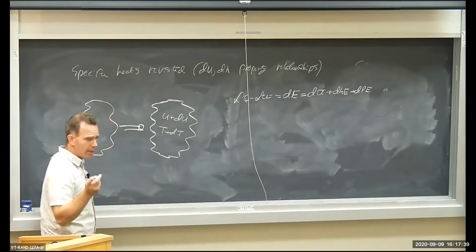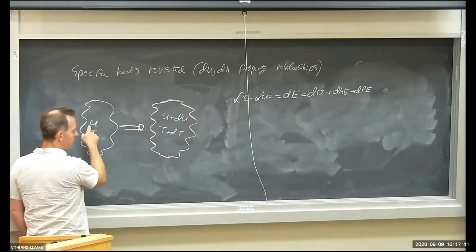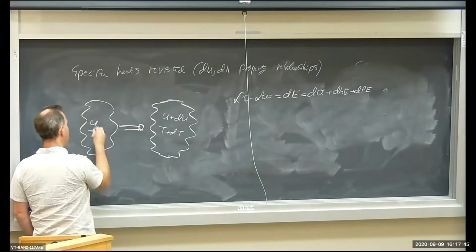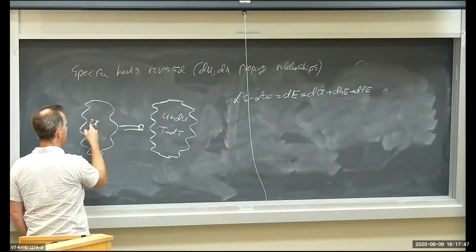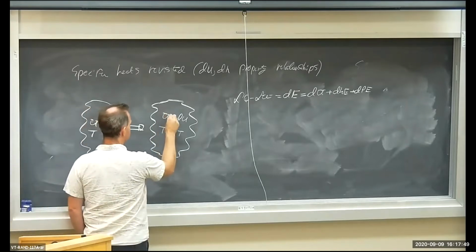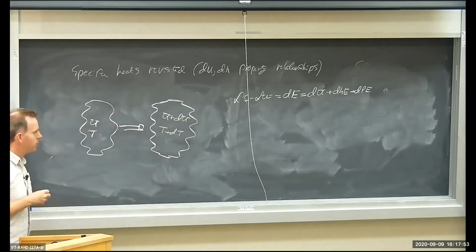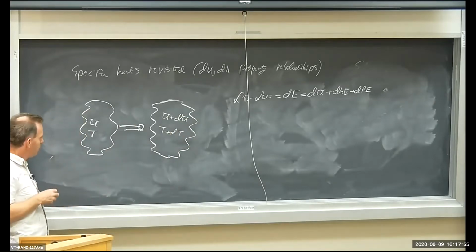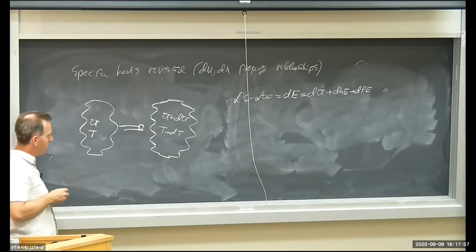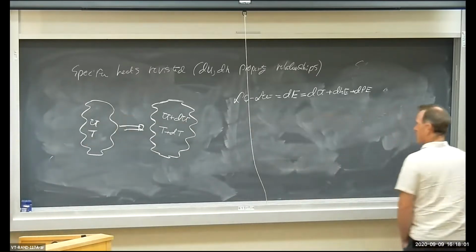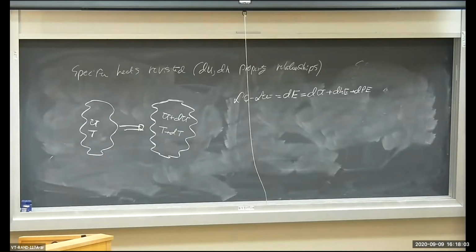By the way, this could be specific internal energy or internal energy. Let's make this internal energy instead of specific, to be consistent with the energy balance we wrote. So this has an internal energy U, and it changes by an amount dU over the infinitesimal process. Temperature changes by an amount dT.